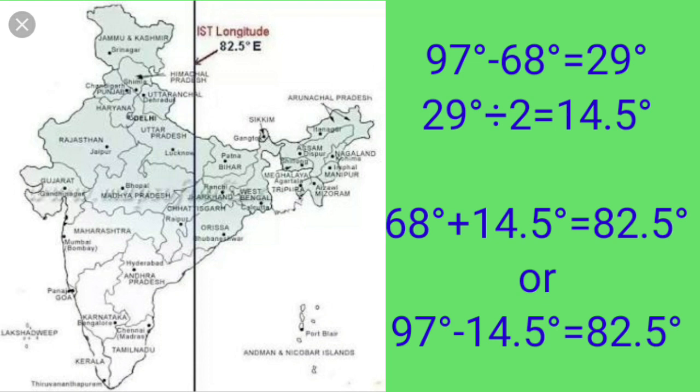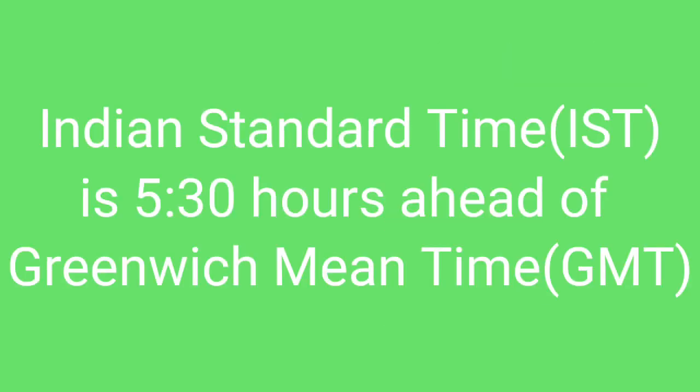To avoid this confusion, we take 82.5 degrees east longitude as Indian Standard Time because it passes through the middle of the country from north to south, near Allahabad. Indian Standard Time is 5.5 hours ahead of Greenwich Mean Time.